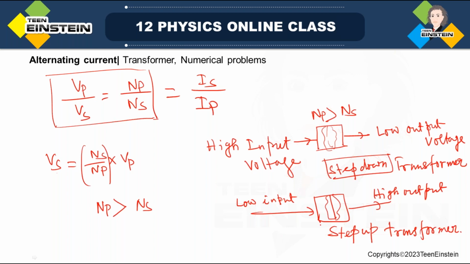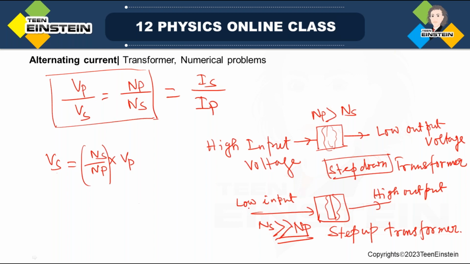Step up transformer. For a step up transformer, the number of secondary turns Ns must be much greater than Np. Only then is this possible.